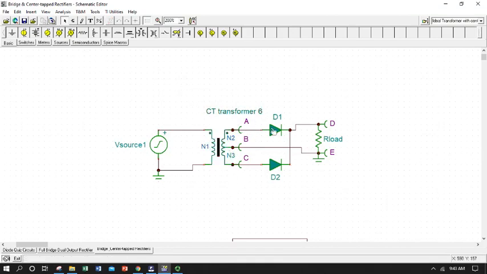Flipping polarity. We have our rectifying diodes, and here's our load. We're not going to look at a smoothing capacitor in this case because it's a little bit easier to see what's going on without that. And we have measurement points at A, B, and C, and at D and E, so we can get our load voltage, which is what we really care about. And we've copied what Mr. Fiore has.